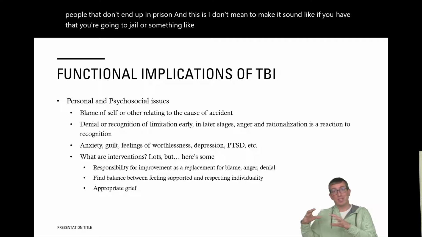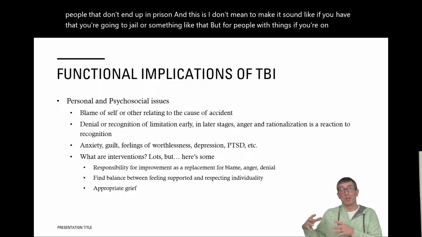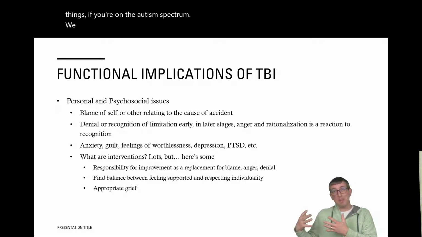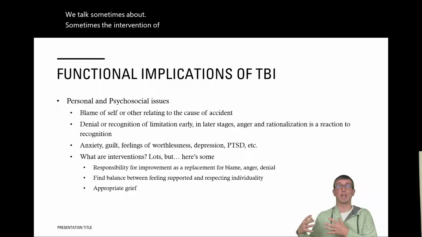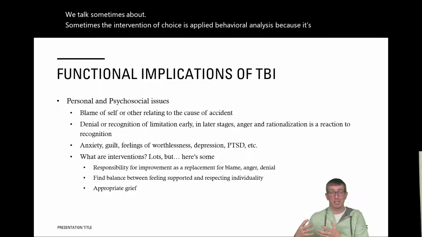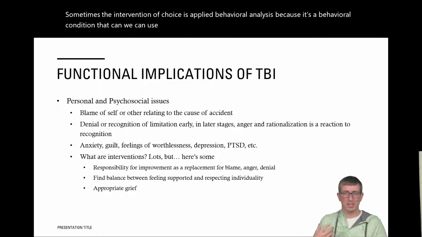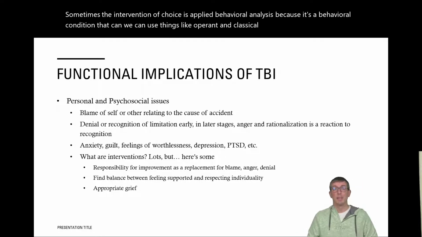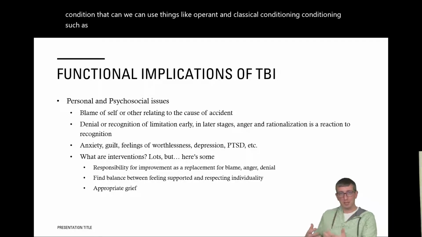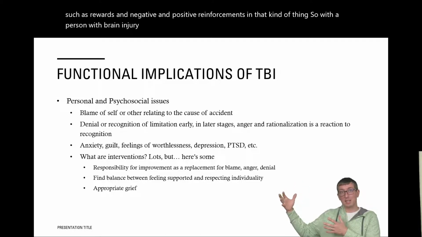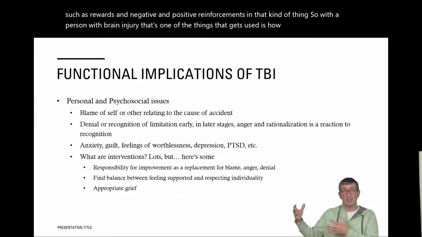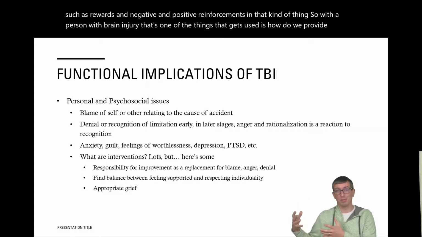But for people who are on the autism spectrum, sometimes the intervention of choice is applied behavioral analysis, because it's a behavioral condition where we can use things like operant and classical conditioning, such as rewards and negative and positive reinforcements. So with a person with brain injury, that's one of the things that gets used: how do we provide positive and negative reinforcements for behavior.